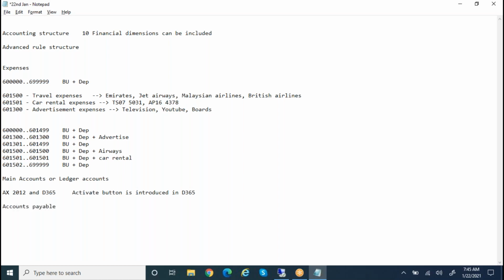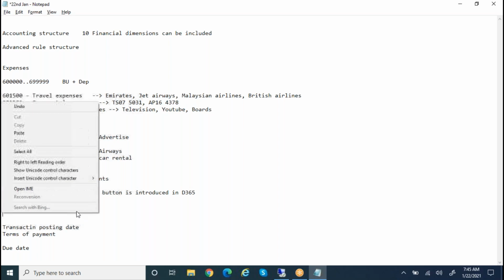In this, you will find due date. The first one is terms of payment. You need to understand terms of payment. Then transaction posting date, transaction date or posting date.